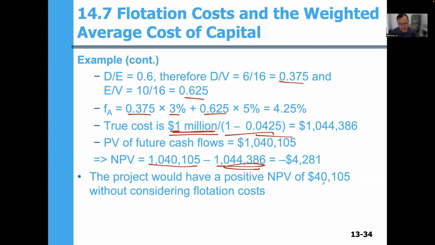So you're going to have $40,105 of positive NPV. So you probably will take this project. So you can see it's very important to include the flotation cost in your calculation. Otherwise, the result may be different.